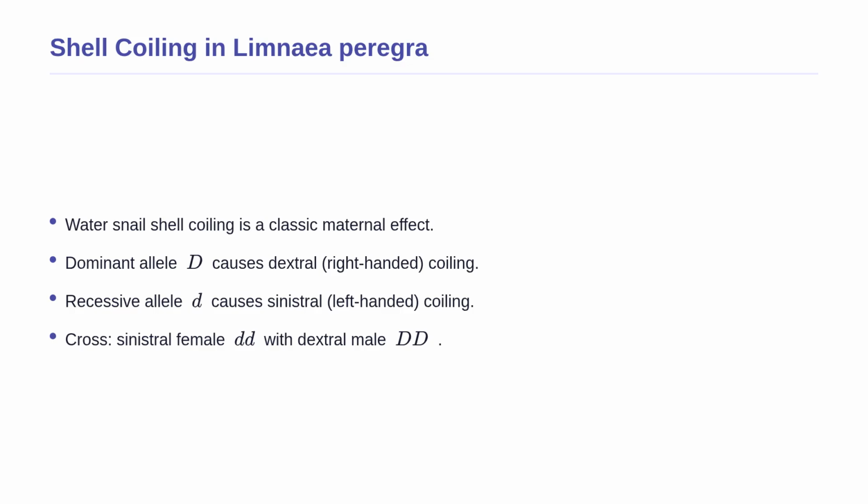The recessive allele, lowercase d, causes sinistral, or left-handed coiling. Suppose we set up a cross between a sinistral female snail with the homozygous recessive genotype, lowercase dd, and a dextral male snail with the homozygous dominant genotype, capital D, capital D. We need to determine the traits of their first-generation offspring.